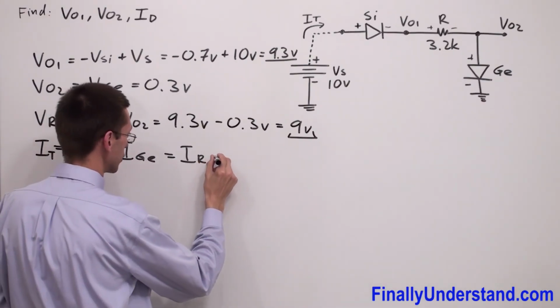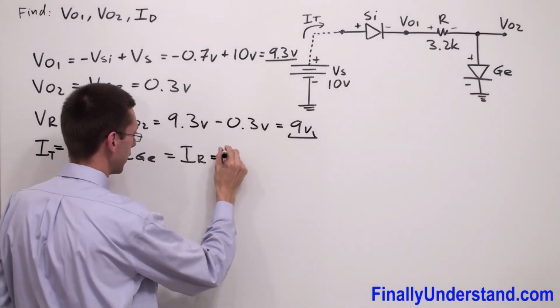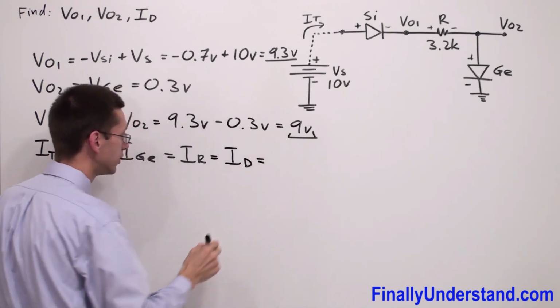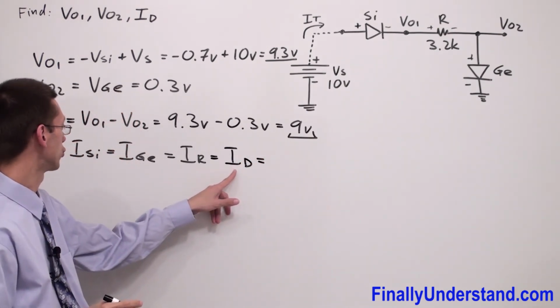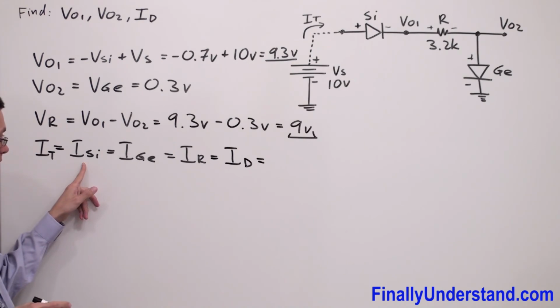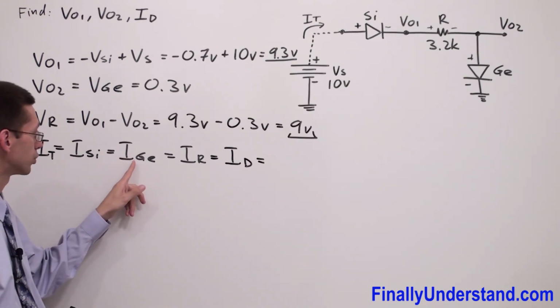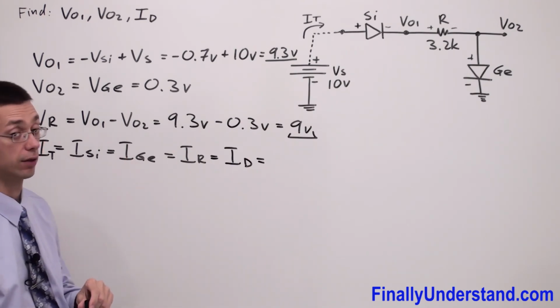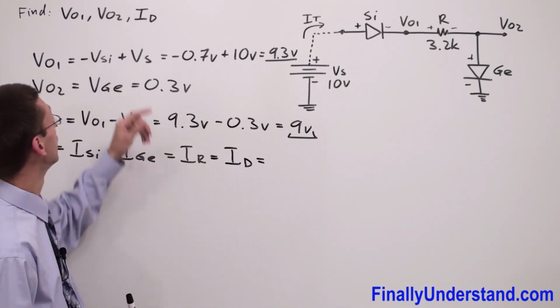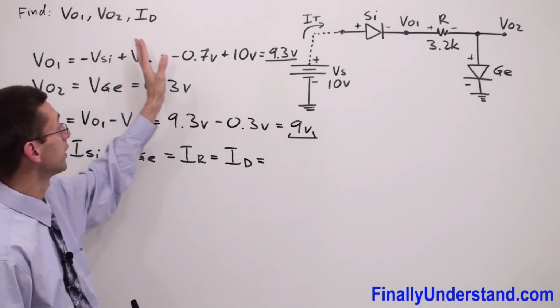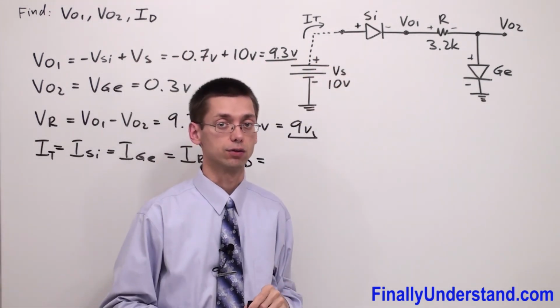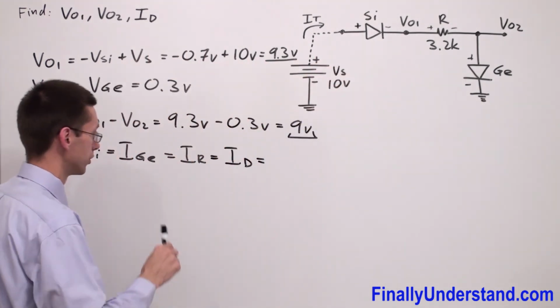So we can say this is also equal to ID, where ID represents the current which goes through the silicon diode, and ID also represents the current which goes through the germanium diode. Sometimes in the problems you see find ID, so the current which goes through the diodes, in the series circuit in this case.